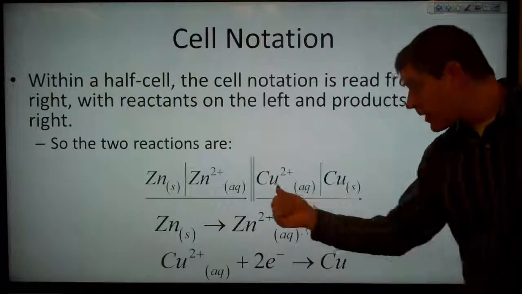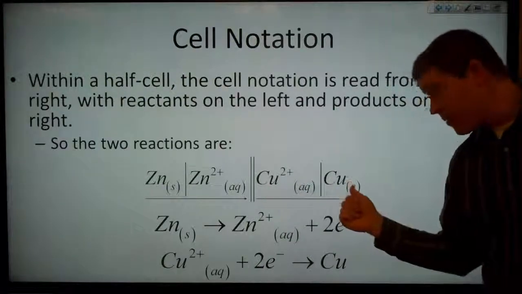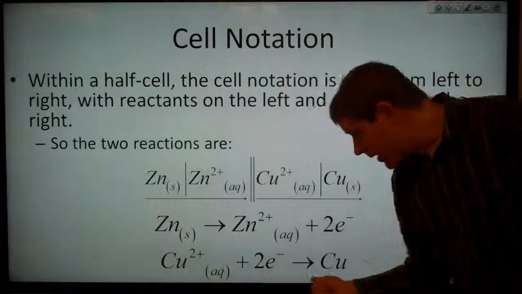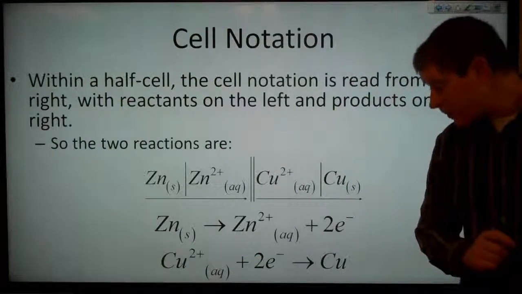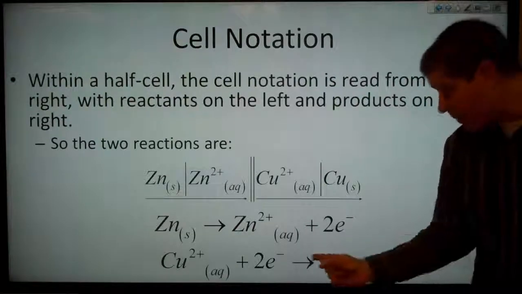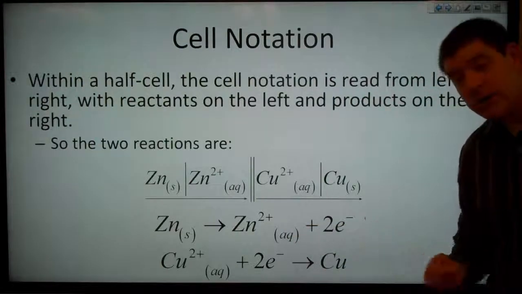And on the copper side, we have copper 2+ going to copper 0, so we have to be adding 2 electrons, and so there we have our reduction half reaction, and this was our oxidation half reaction.